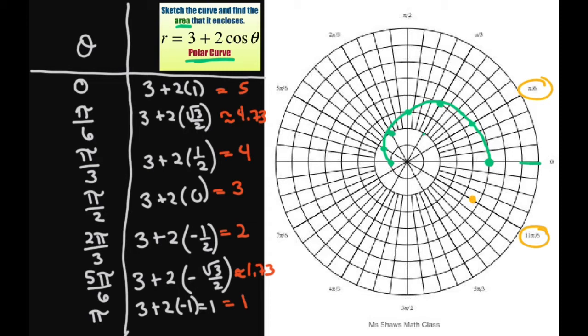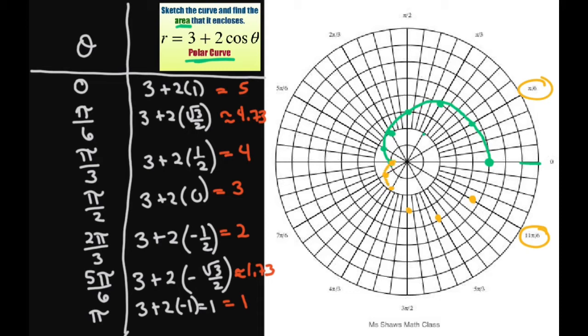Then at 5 pi divided by 3, we're at 4. At pi divided by 2, we're at 3. And then we're at 2, and then close to 2, and then we're back here.